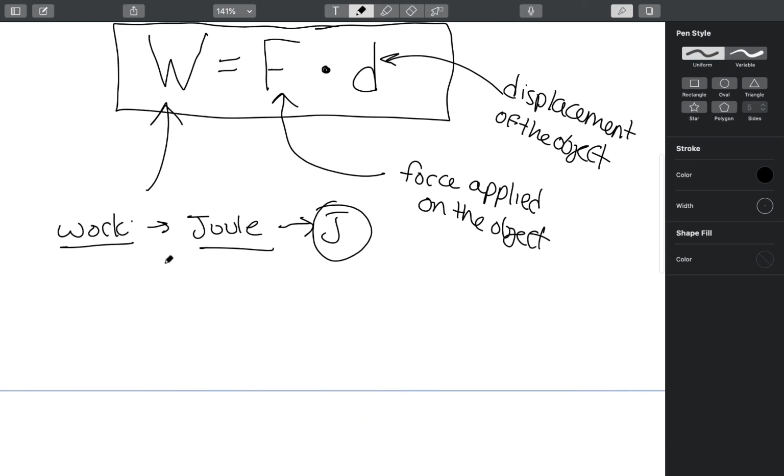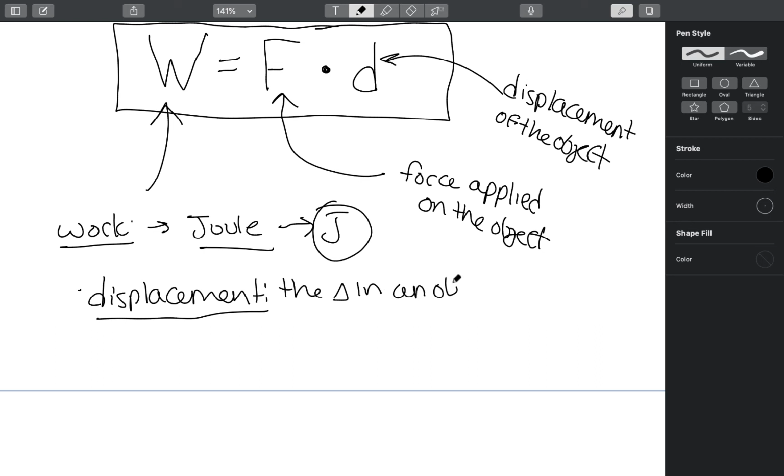The displacement is defined as the change in an object's position.